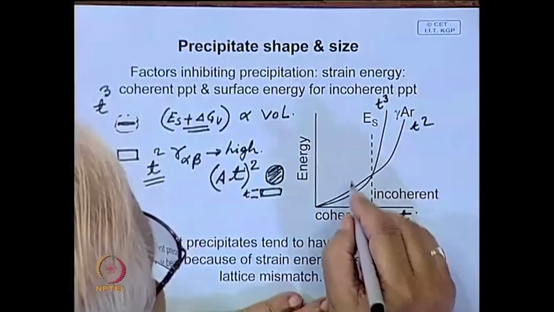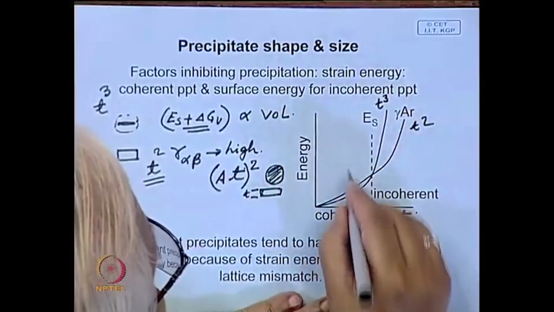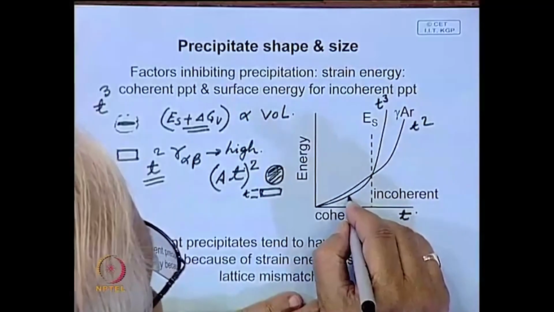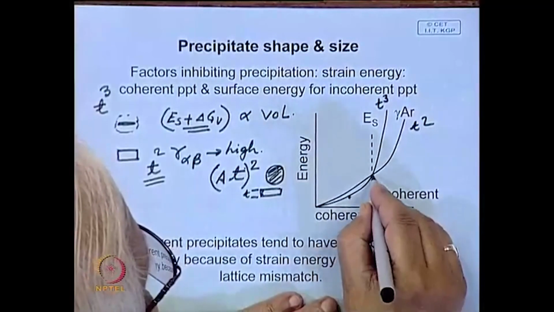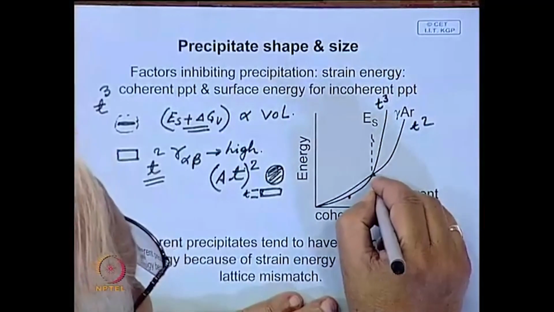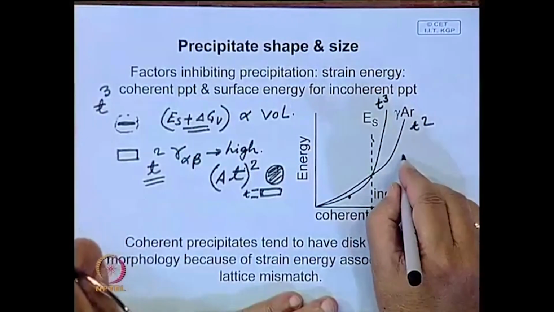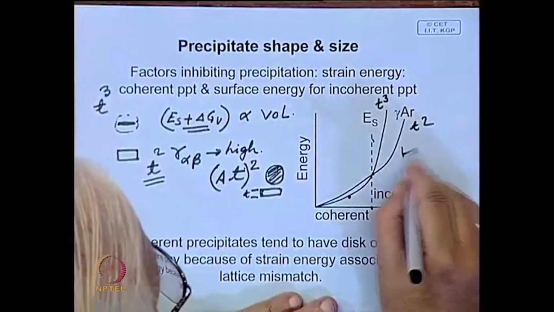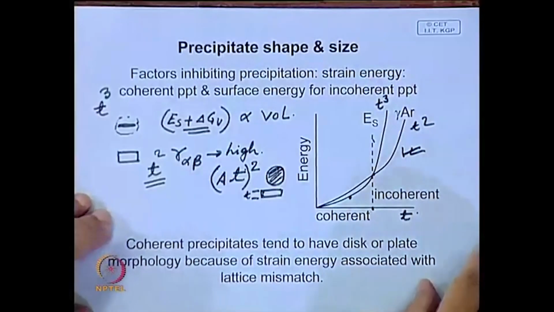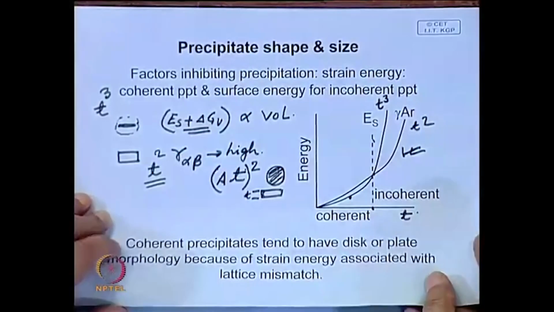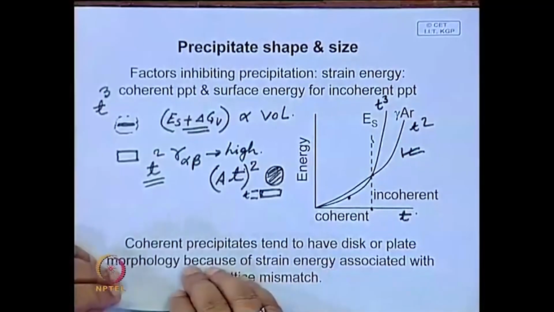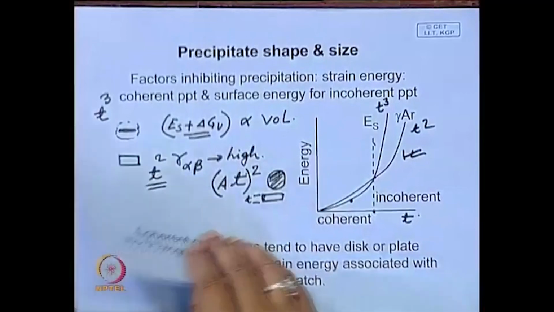T cube, because T dimension is quite small. So, initially the preferred precipitate will be coherent, but when it crosses this critical point, incoherent precipitate will be more preferred. So, there is a critical dimension: as the precipitate tries to grow, the lattice mismatch will increase, and finally it will be replaced by incoherent precipitate.